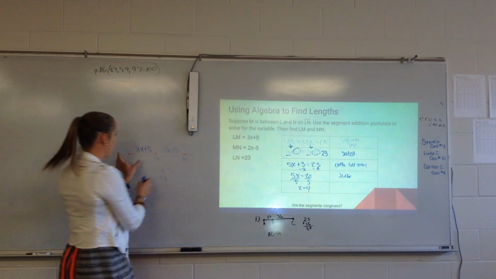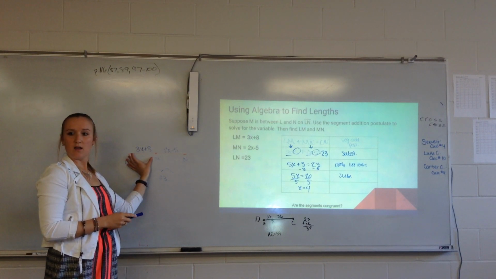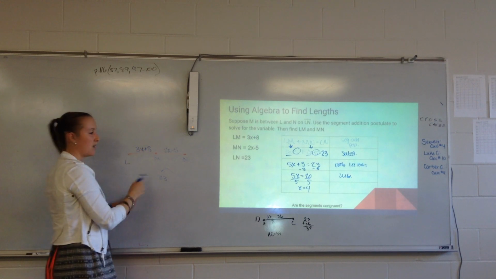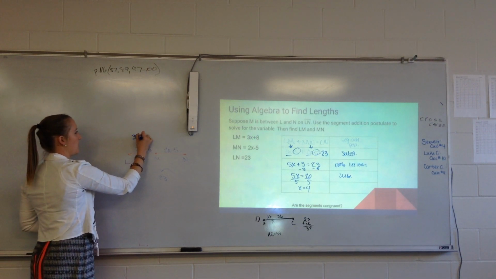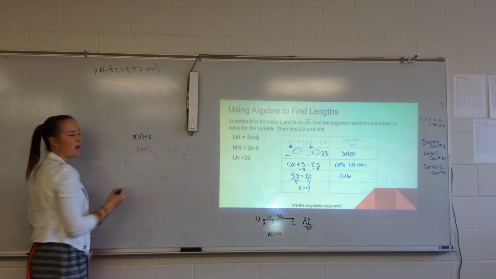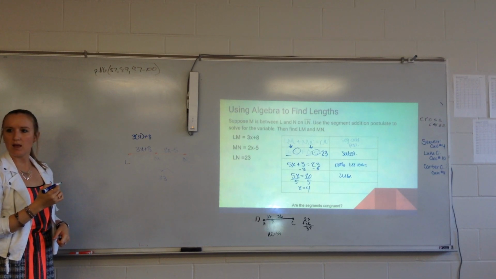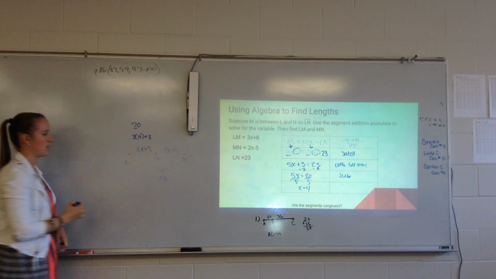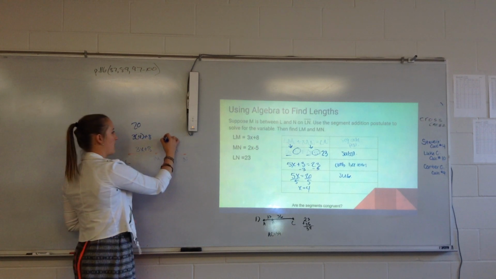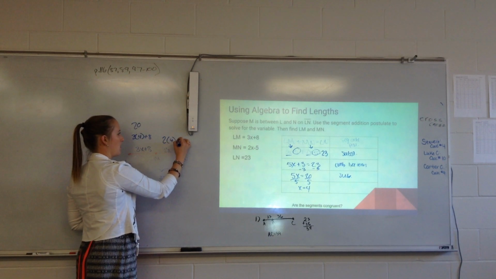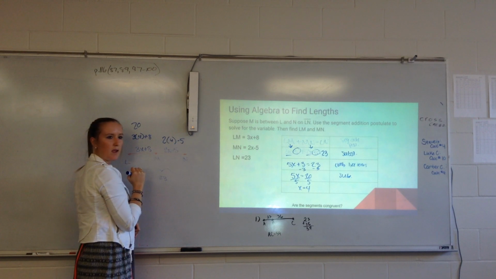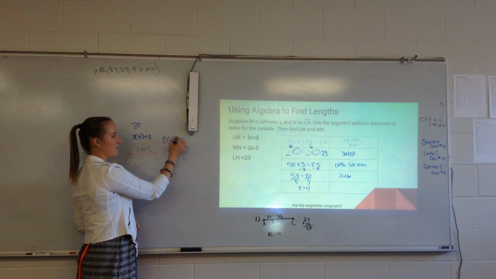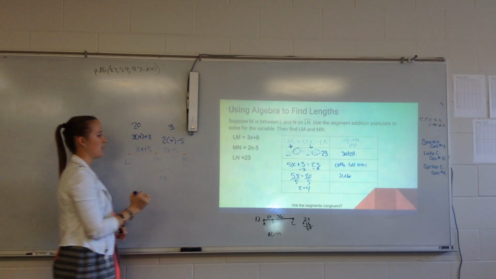All we have to do to find the length is do what? We have x. Plug it in. So if I get 3 times 4 plus 8, what do we get? 12 plus 8 is 20. If I plug in here, what do I get? 2 times 4 is 8, minus 5, is 3.